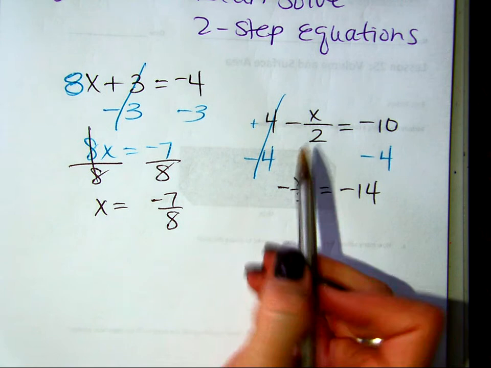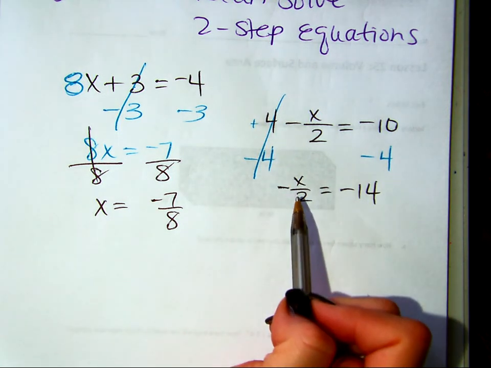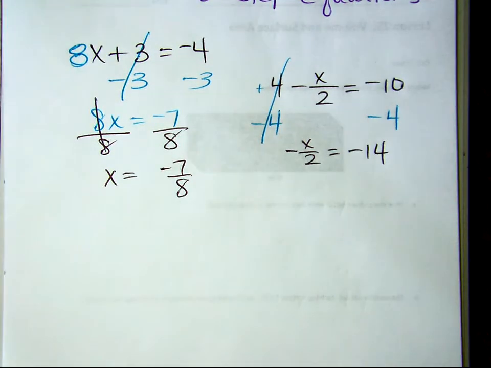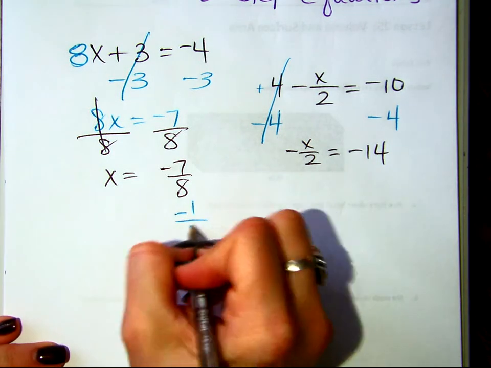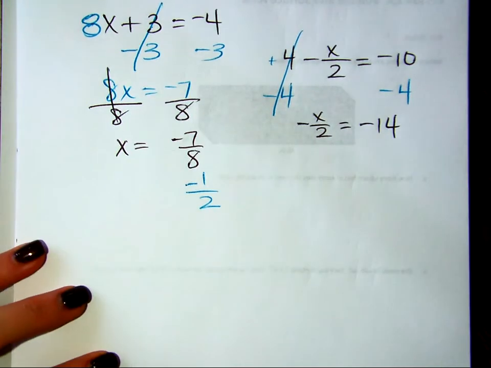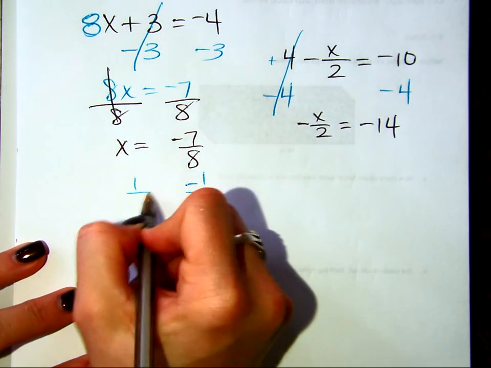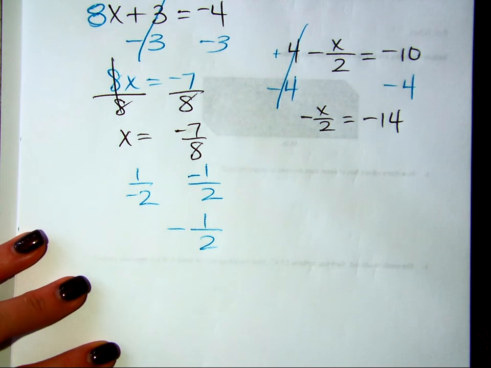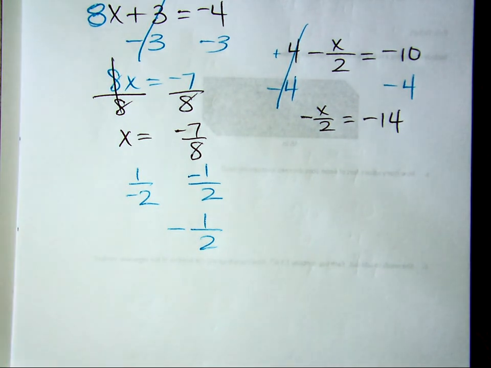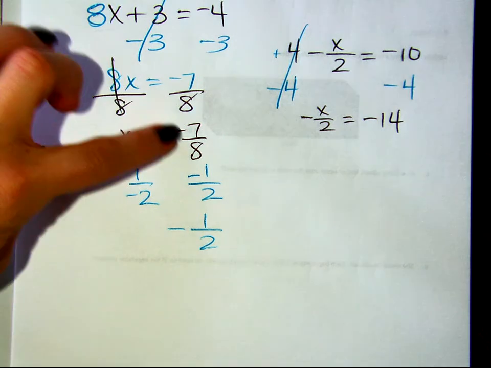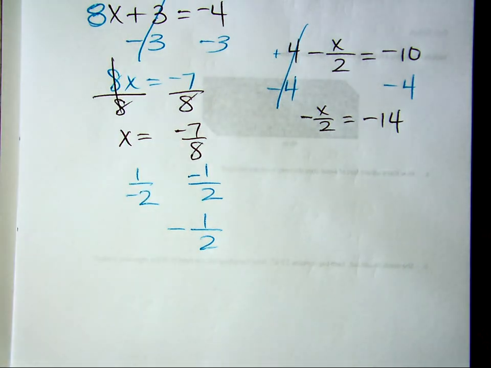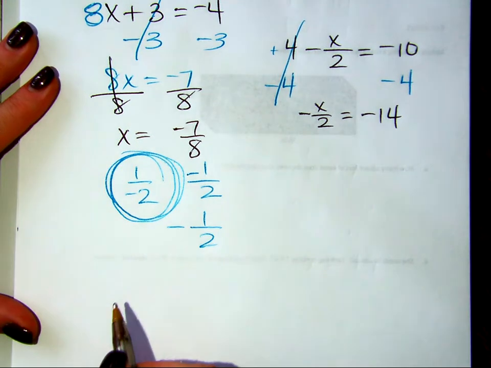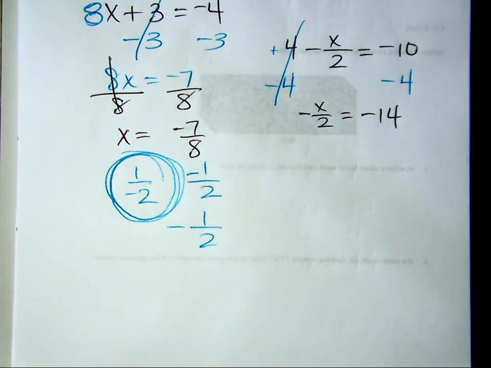And I did it this way on purpose because now it's like, what do you do? Well, I need to tell you a little something about the negative. It's flighty. It can go wherever it wants to go. You can have it with the half. You can have it with the denominator. If it doesn't want to make a decision on where it wants to go, it can go right in the middle. And so don't ever ask me, is the 1 negative or is the 2 negative? Because guess what? 1/2 is an amount that is representing one value.